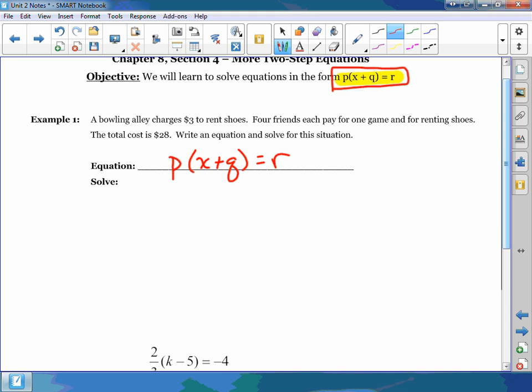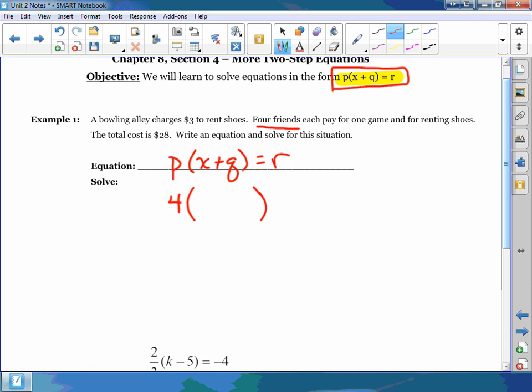In this problem, I have 4 friends, and they're each going to pay the same amount of money. So I would think, by deduction, that my 4 should go outside of the parentheses, because I have 4 people all paying an equal amount, and that equal amount should go inside of these parentheses.